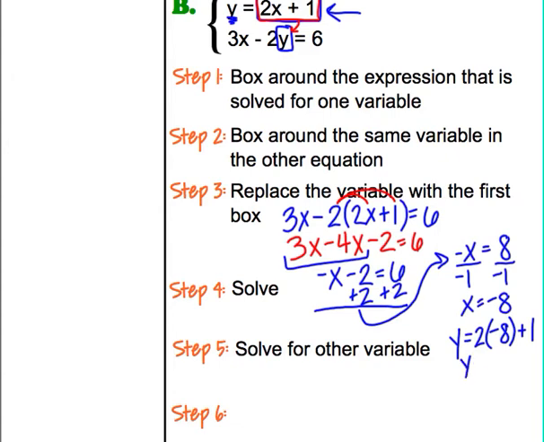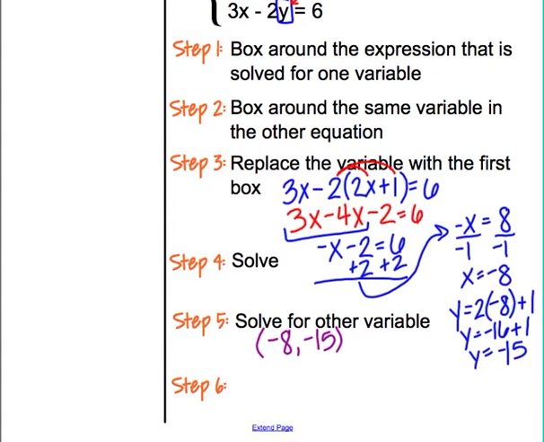So y is equal to negative 16 plus 1, which equals negative 15. That means my ordered pair solution is x, which is negative 8, comma y, which is negative 15. As you can see, that's kind of a big ordered pair, so that is exactly why we use our skills of substitution rather than graphing.